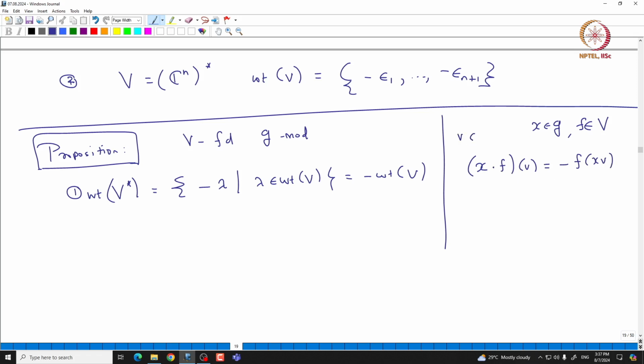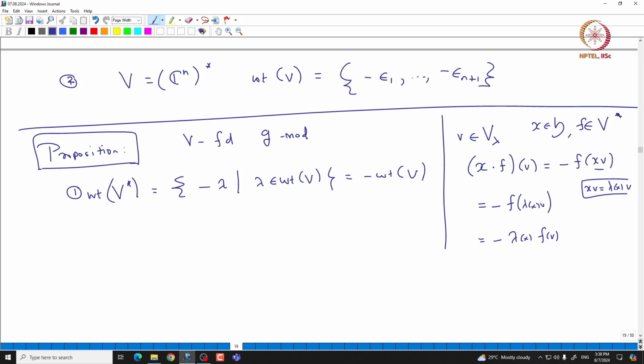In particular, if v comes from V lambda, and let us say X is coming from H, then X v is given by lambda of X times v. So, that gives you minus f of lambda(X) v. So, that lambda(X) comes out, then it gives you minus lambda of X times f of v. And this is true for v in V lambda.